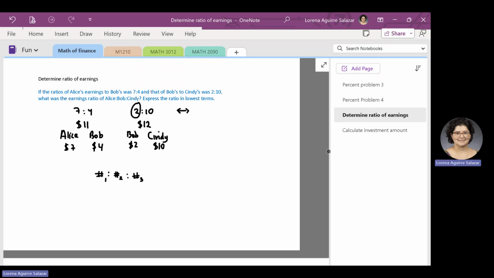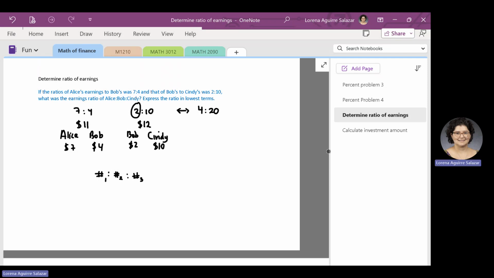When we have a ratio and we multiply all terms of the ratio by the same non-zero number, we get an equivalent ratio, a ratio that tells us exactly the same information. When we multiply both 2 and 10 by 2, we get 4 to 20. The ratio 4 to 20 is telling us the same thing that the ratio 2 to 10 tells us.